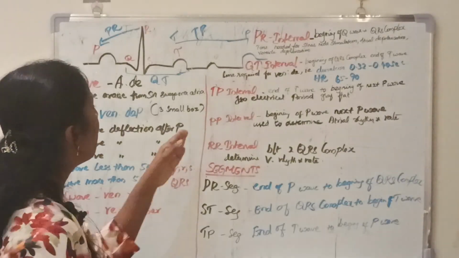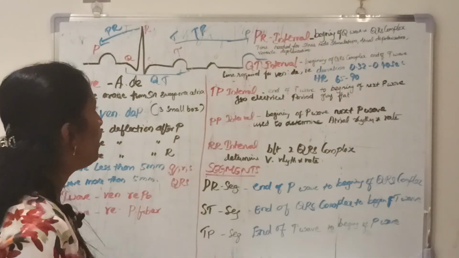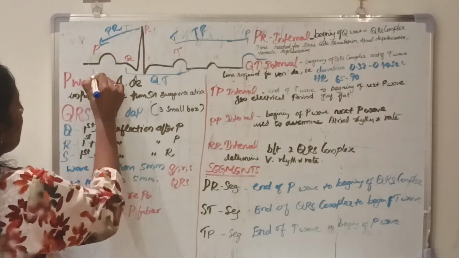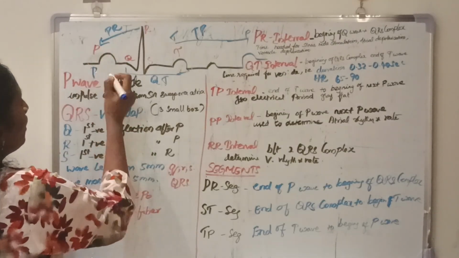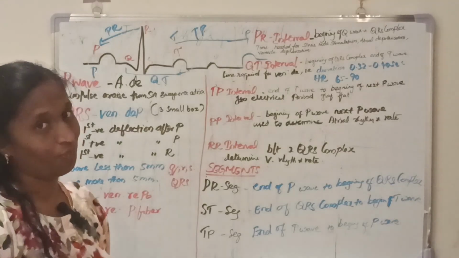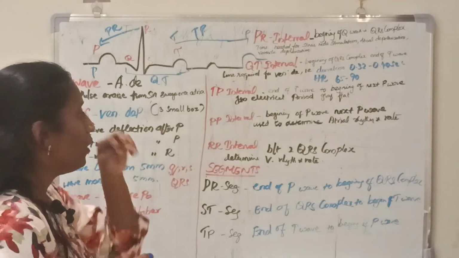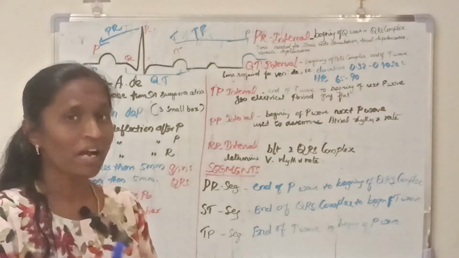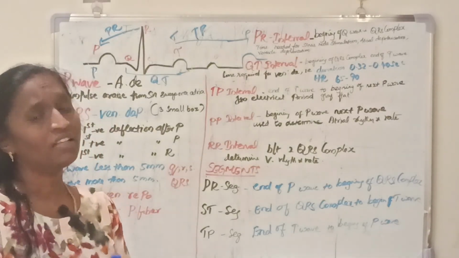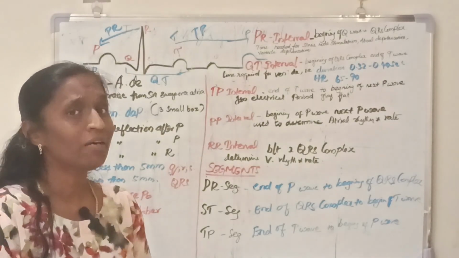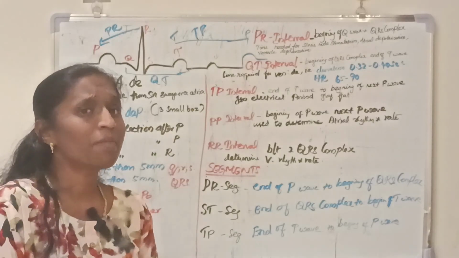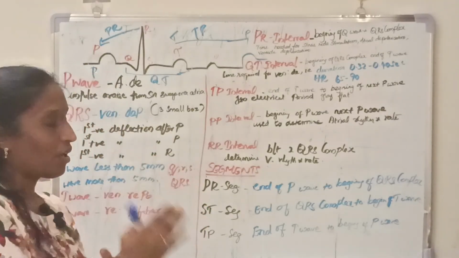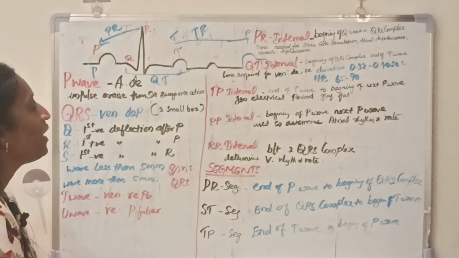The next is the PP interval. The PP interval is the beginning of one P wave to the beginning of the next P wave, which helps to determine the atrial rhythm and rate. The next is the RR interval.